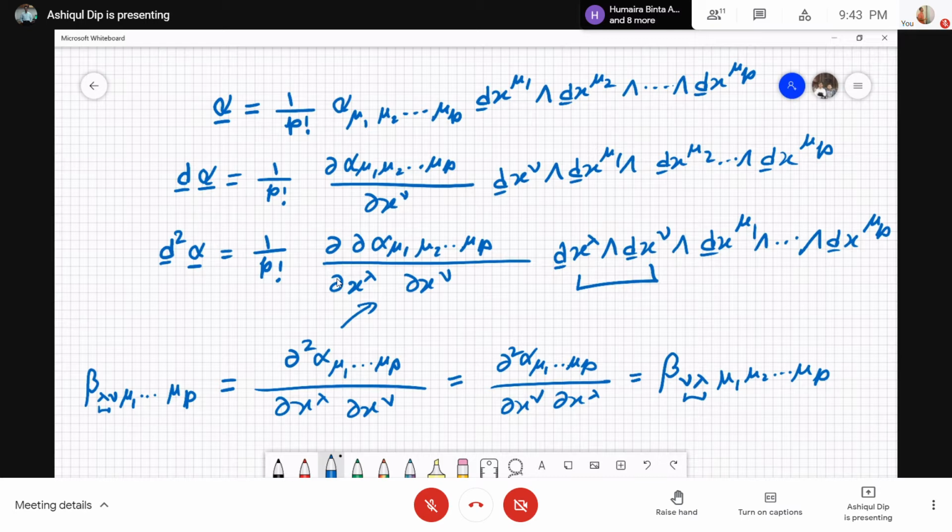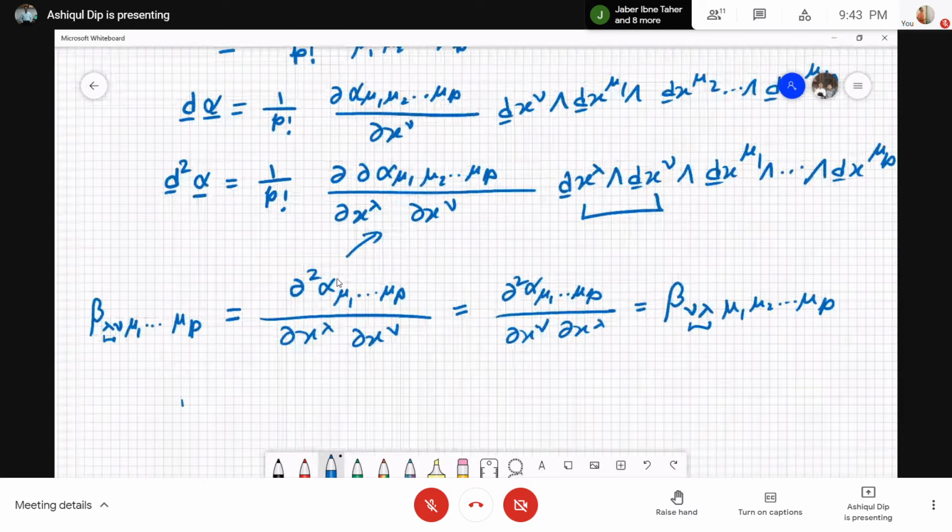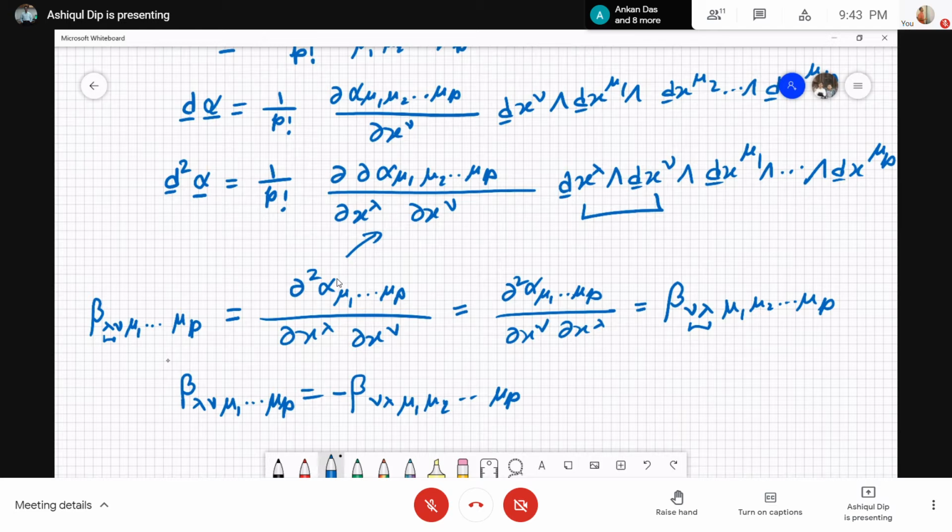Because it's a form, if you switch any two adjacent indices, you should get a minus sign: beta lambda mu mu1 mu2 up to mu p is minus beta mu lambda mu1 mu2 up to mu p. And because of the partial derivative switch, this is also equal to beta nu lambda mu1 mu2 up to mu p. So you see this object is the negative of itself.